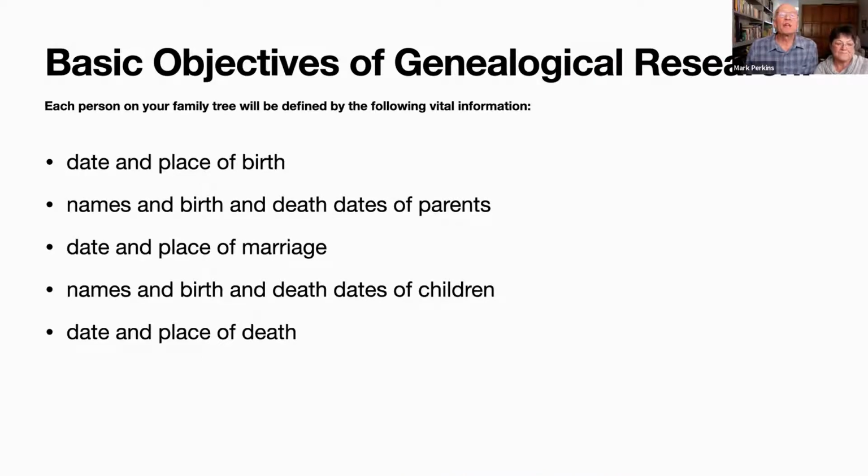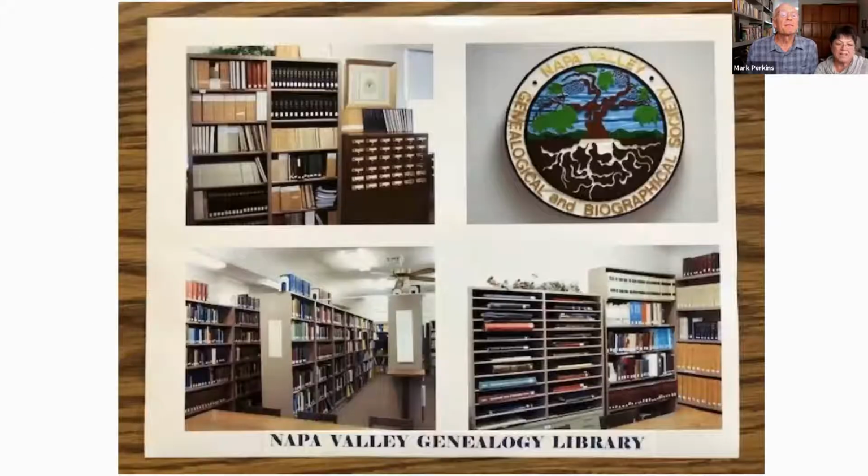So the basic objectives of genealogy could be stated this way. Each person on your family tree will be defined by their vital information. That is, information about their birth, marriage, death, and of course, who their parents were and their children. This is a picture of some of our stacks at the library.